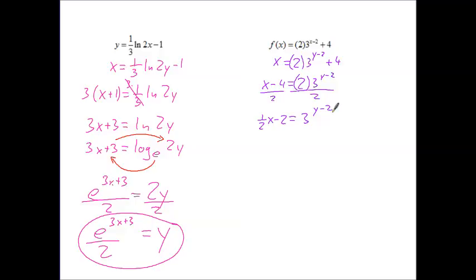And ready for our cyclical pattern. The log with base this of this is equal to that. Log base 3 of 1/2 x minus 2 is equal to y minus 2.